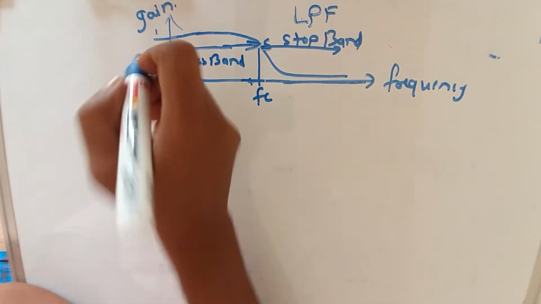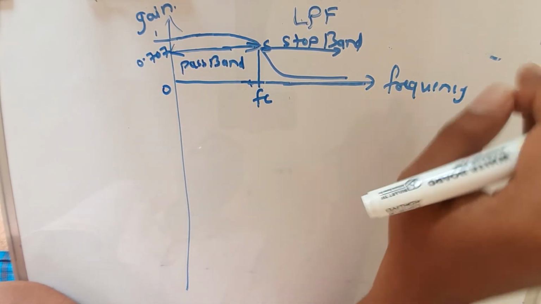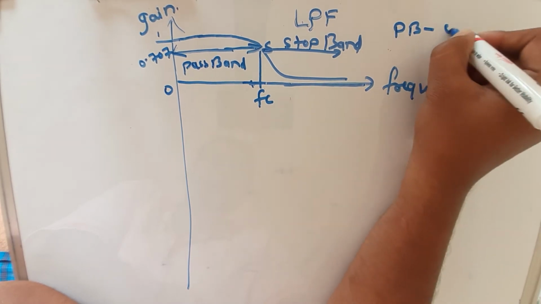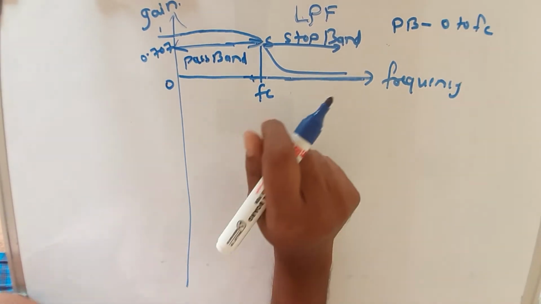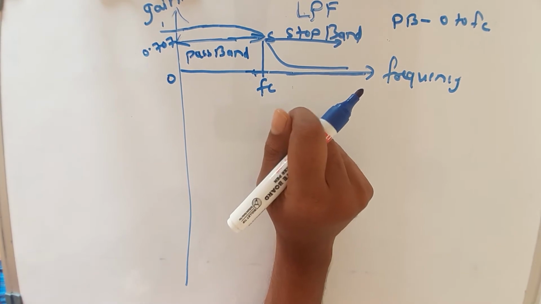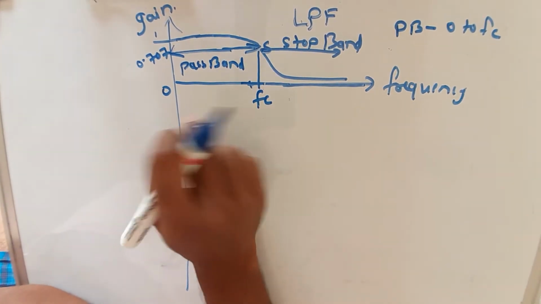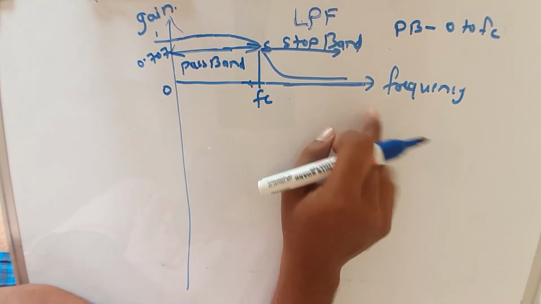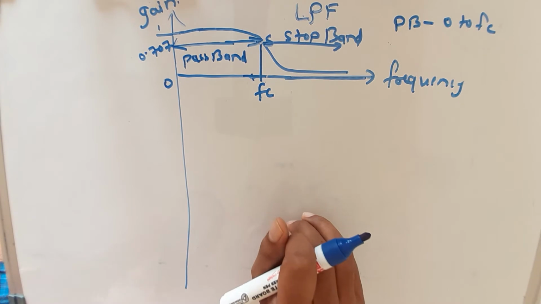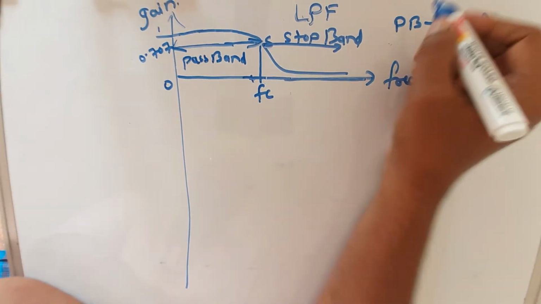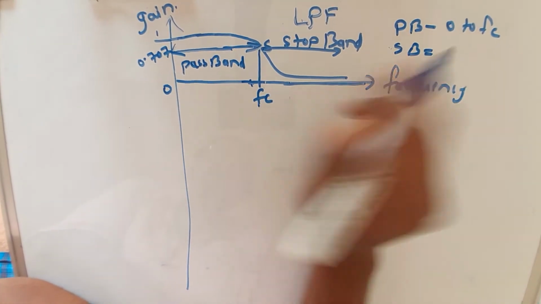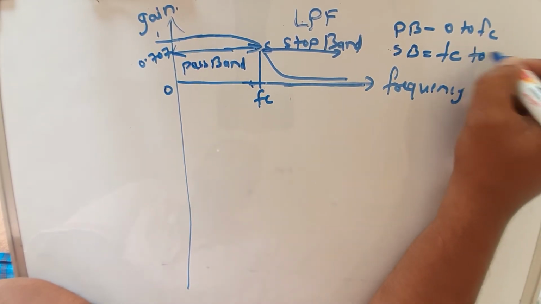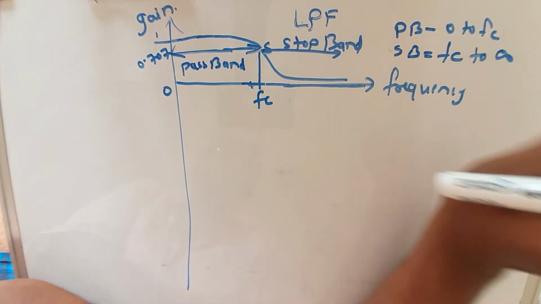So here we write down the pass band is from 0 to fc, where fc is the cutoff frequency. Below the cutoff frequency we have the pass band for the low pass filter. Above the cutoff frequency we have the stop band. The stop band starts from fc, the cutoff frequency, up to infinite frequencies.